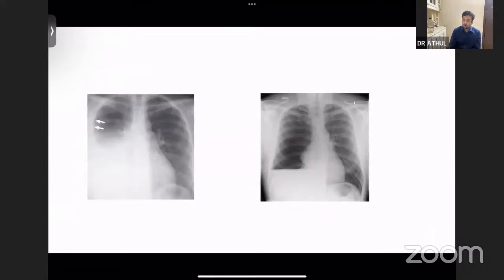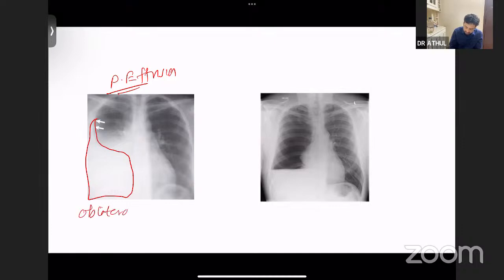So you should know common lung pathologies. This is classical pleural effusion. Here you can see an S-shaped pattern with obliteration of the costophrenic angle. The S-shaped curve is there, so pleural effusion.